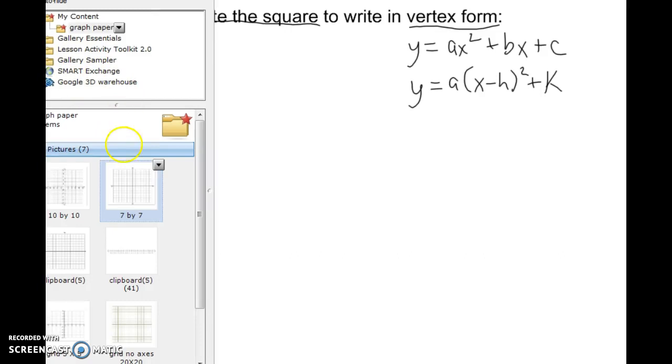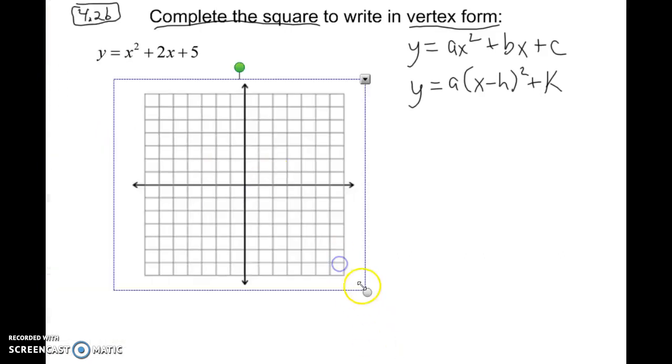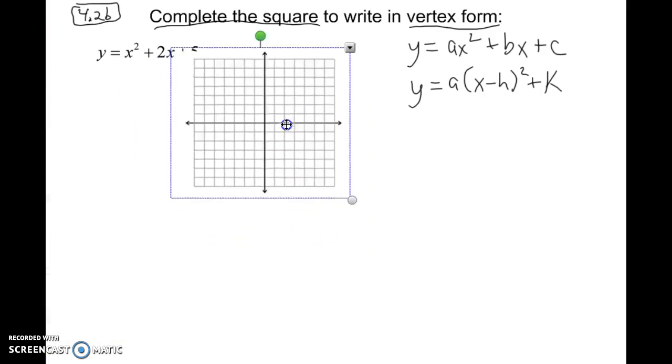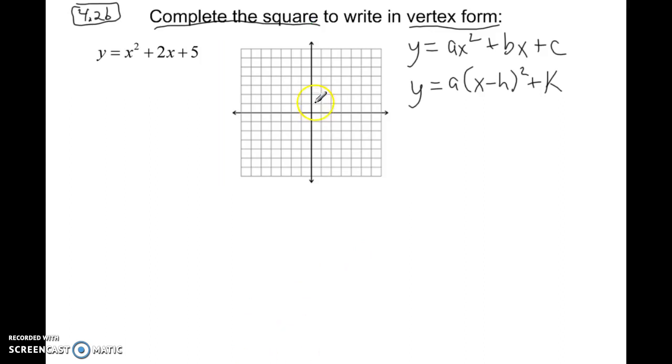If you want to just get a rough idea, the only thing we know from the graph right now, just from the standard form, is that it has a y-intercept of 5. If you plug in 0 for x, it's going to hit at the point (0, 5), where 0 is your x value and 5 is your y value.